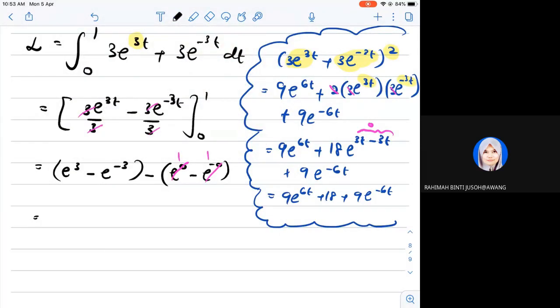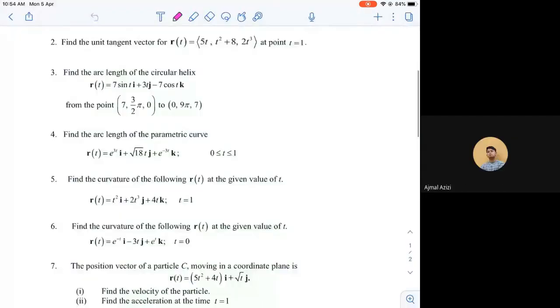So 1 minus 1 we get 0 isn't it? So dapatlah eksponen 3 minus eksponen negatif 3 je dah. Okay, dah siap. Understand this question? Boleh guys? Okay, very good.